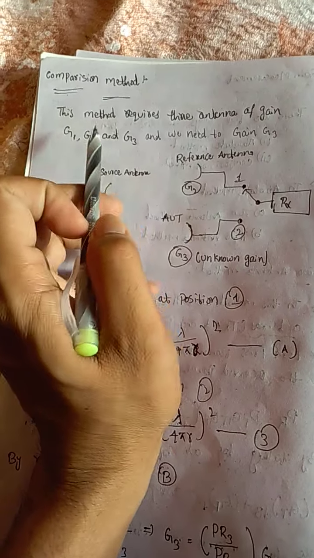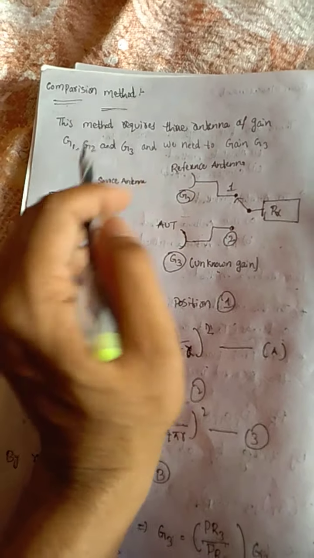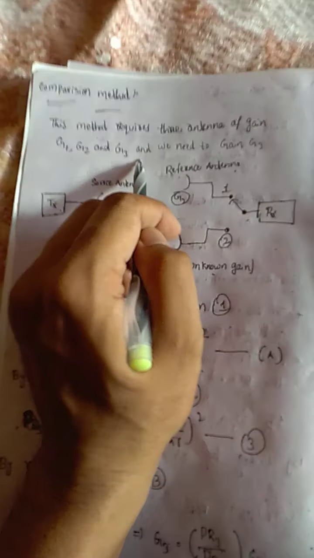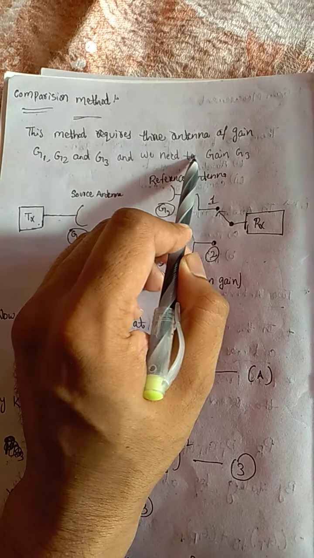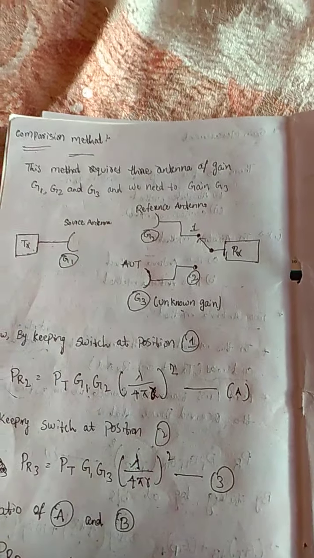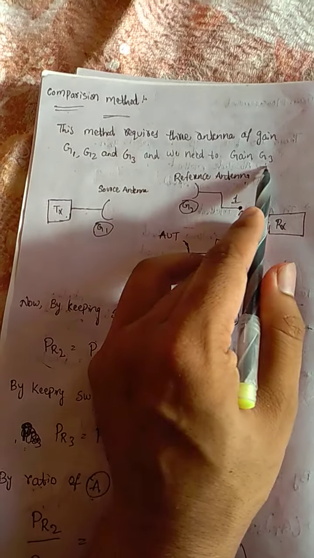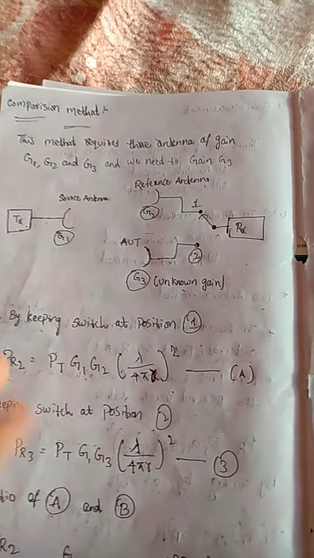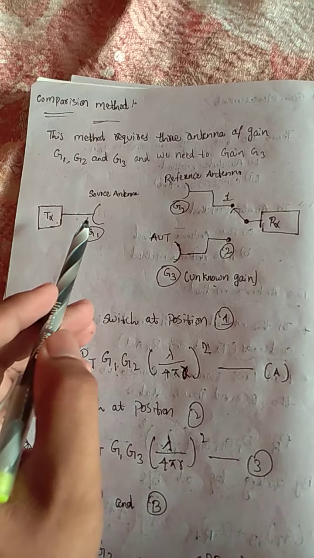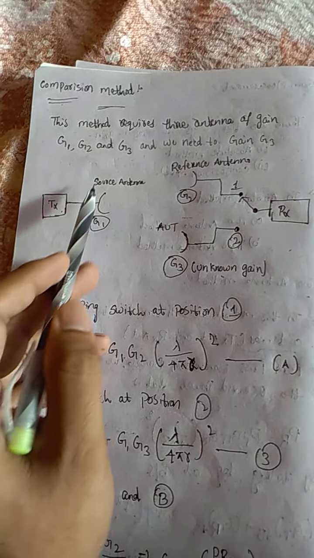This comparison method requires 3 antennas of gain G1, G2 and G3, and we need to measure any one of the gains. Here I am measuring the gain G3. If you have a transmitter, it is a source antenna.